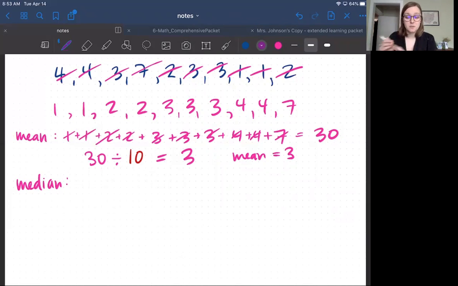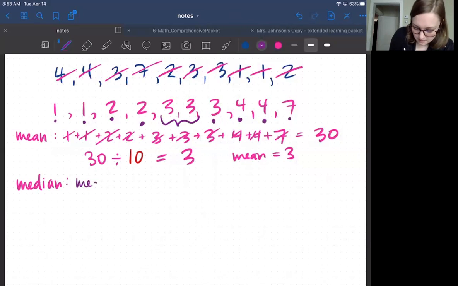The easiest way for me to do this is to take away 1 from each side until you get to the very middle. Now notice that right now I have 2 numbers in the middle here. Those 2 numbers are right smack dab in the middle of my list. That's my median. Since they're both the same, I can just say that my median is 3.